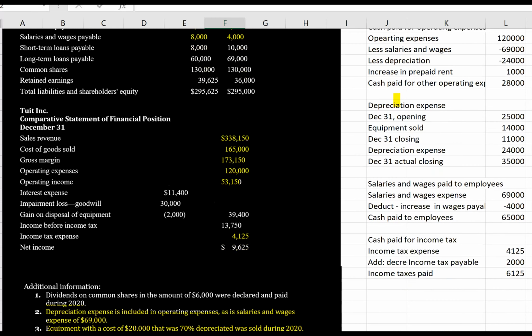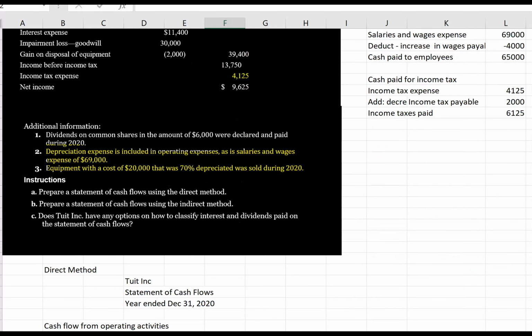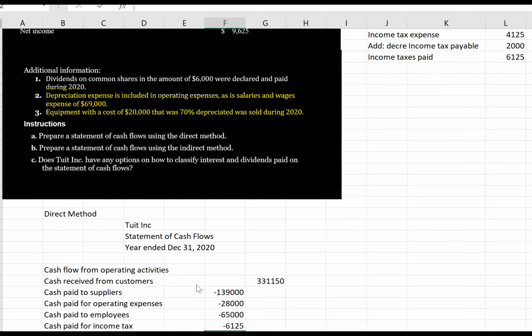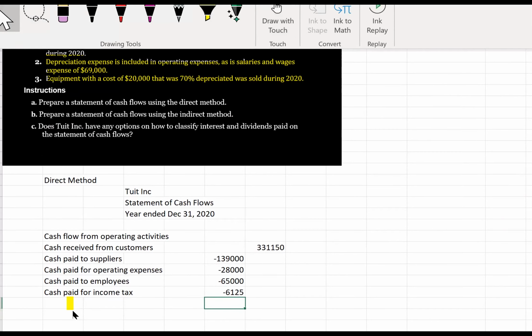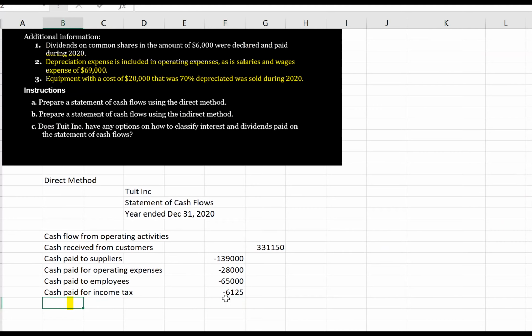So what we can do now is go down to our statement and run our subtotal for cash from operating activities. Then we'll move on to investing activities next, which is our next section. So now we are going to say net cash provided by operating activities.